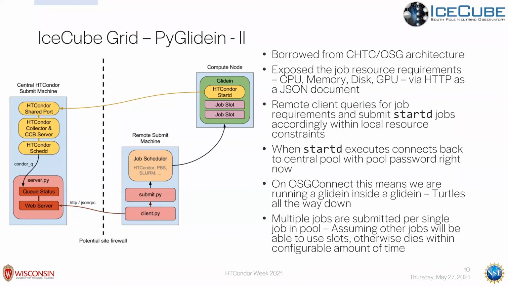And then at the remote side, we just submit a job that has the right resource requirements. And once that job executes, it basically runs a Condor startd saying, okay, I'm alive, and it connects back to our big HTCondor pool.